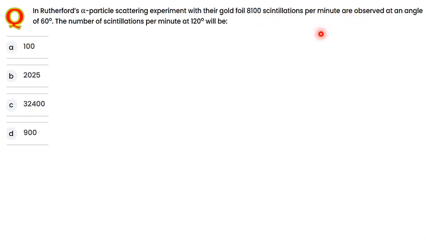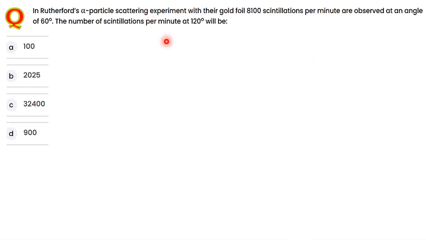That means that many particles will be scattered in Rutherford alpha particle scattering experiment and observed at an angle of 60 degree. At a 60 degree angle, 8,100 flashes were observed per minute. The number of scintillations per minute at 120 degree: at 60 degree they have given the flashes, at 120 degree, what is the flash count?